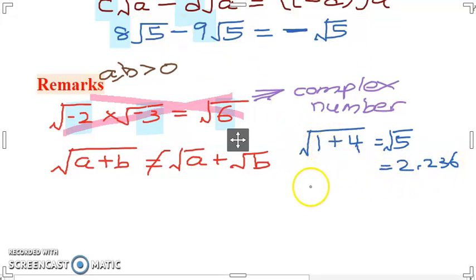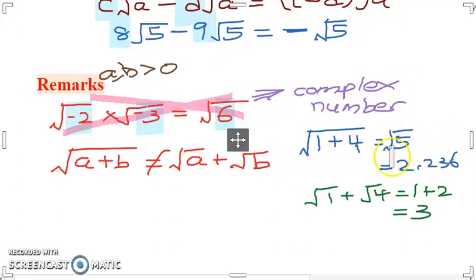Whereas if you break it into square root of 1 plus square root of 4, this is equal to 1 plus 2, which is 3. Obviously, the result is not the same.